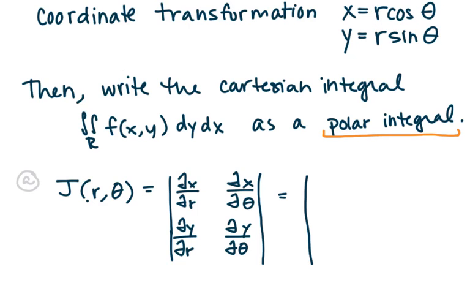Partial derivative of x with respect to r, that means cosine theta is a coefficient or a constant, so I've got cosine theta. X with respect to theta, that means r is a constant, so I have negative r sine theta. Y with respect to r, that means sine theta is a constant. And then y with respect to theta is going to be r cosine theta.